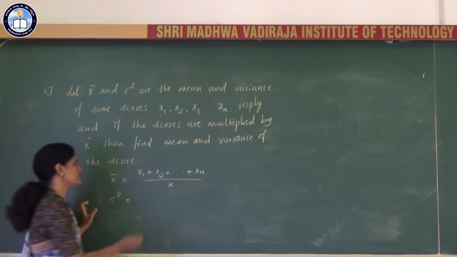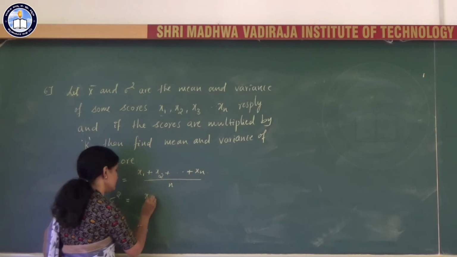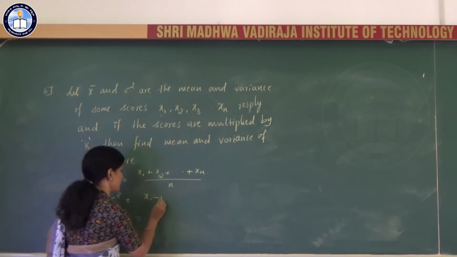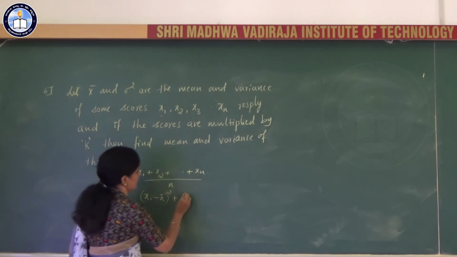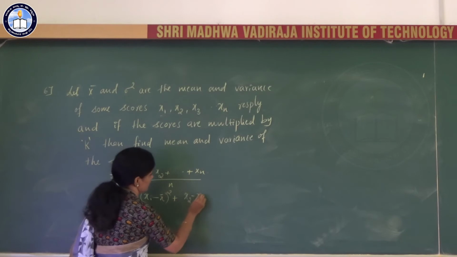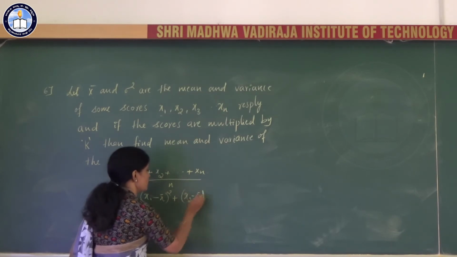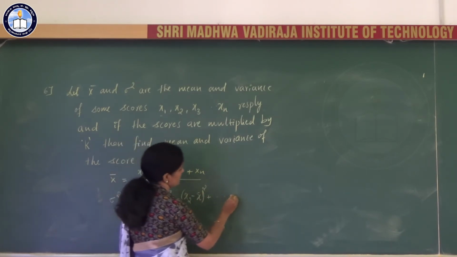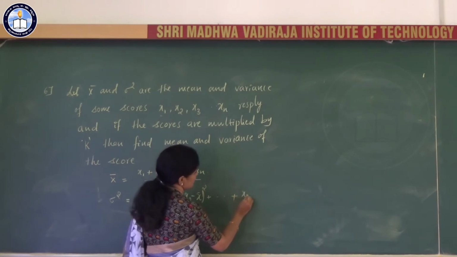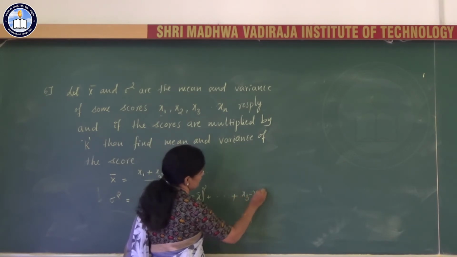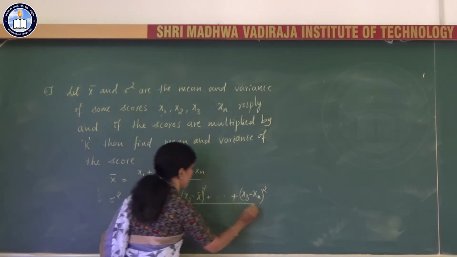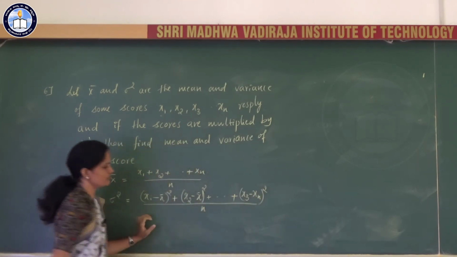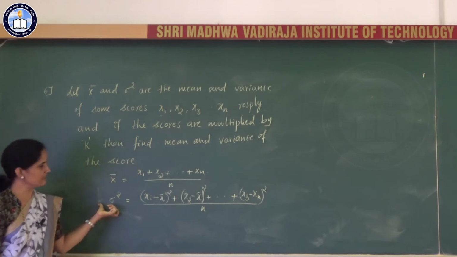Variance is x1 minus x bar whole square, plus x2 minus x bar whole square, plus up to xn minus x bar whole square, the deviations squared, divided by n. So this is the formula for the variance, is it not?